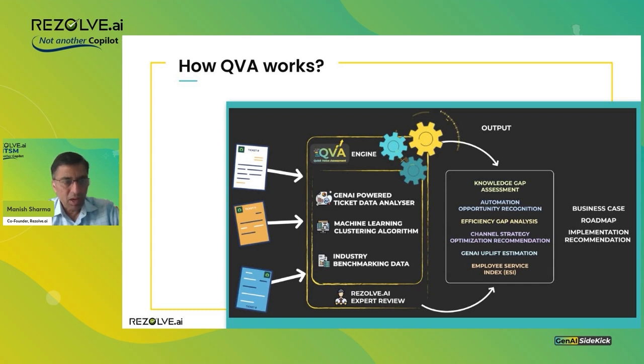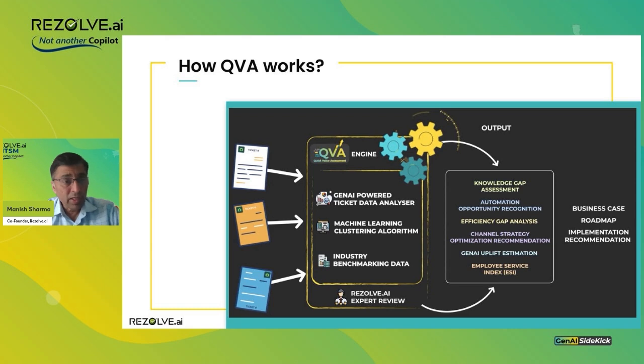You can bring that amount of data to us and we can read and interpret the data in a very human-like fashion using generative AI. We then apply a lot of machine learning algorithms on top of it. And then we marry it with the industry benchmarking data, and that is how we are able to create the different kinds of assessments out of it, right? It's a very novel approach. I've really not seen anyone else do it so far.